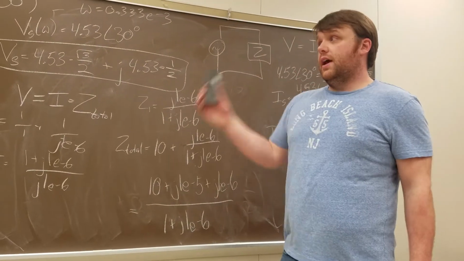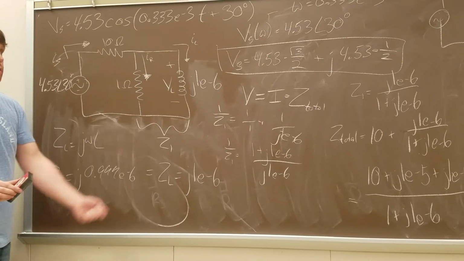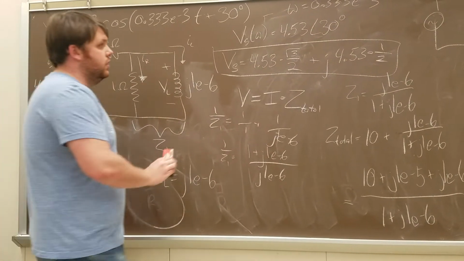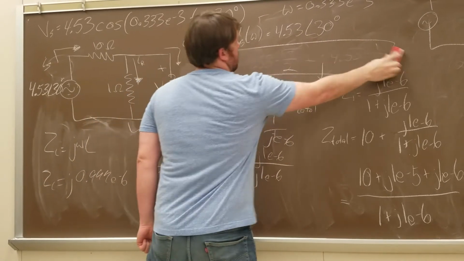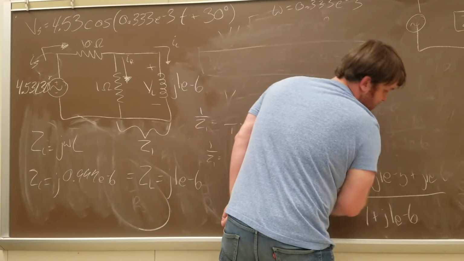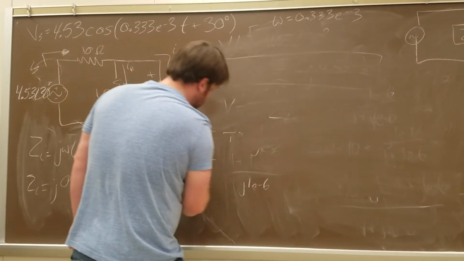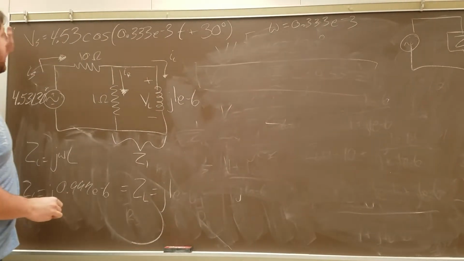Now, the next step is finding the drop across the current through each other portion. Okay, so I'm going to erase some of this. And again, if it asks for your answer in a single sinusoid or a single sine form, we need to convert back to this.